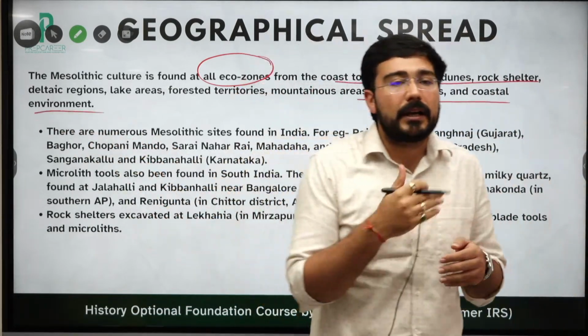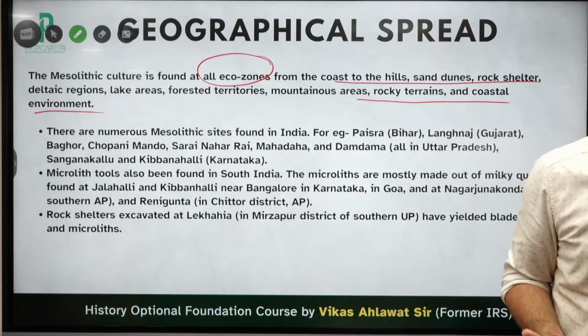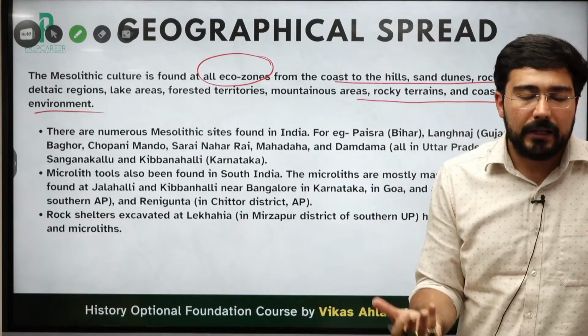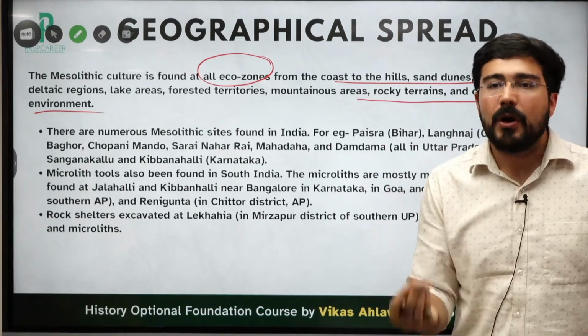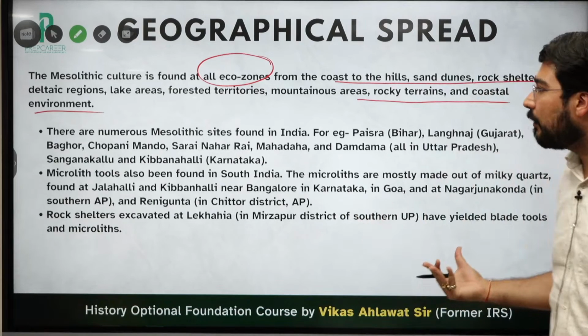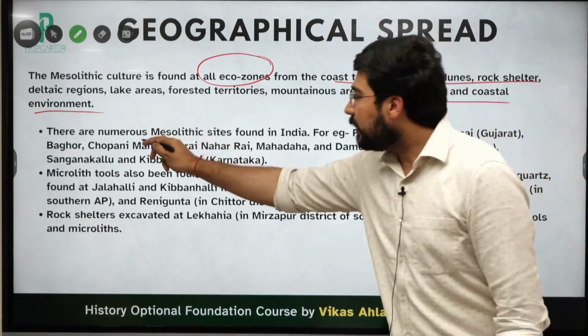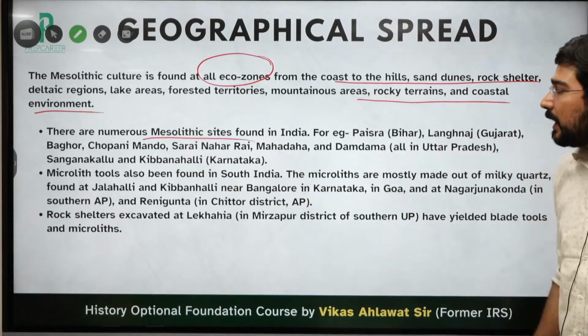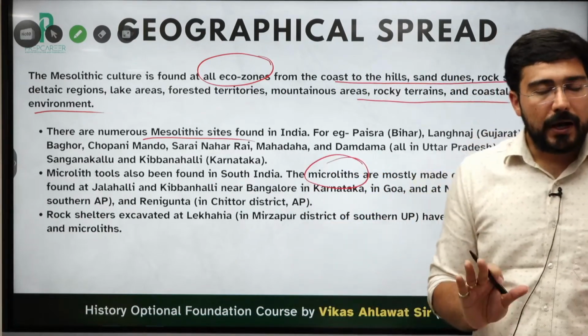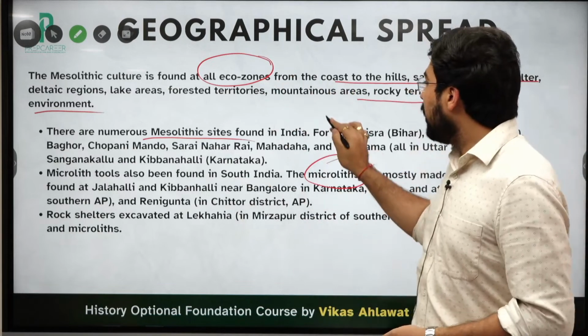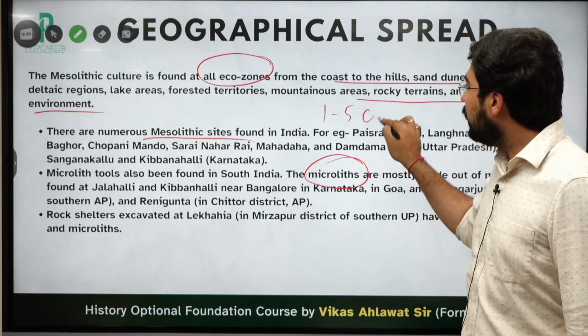It means the settlements were increasing during the Mesolithic period, and the major reason for that was the change of environment because of the beginning of the Holocene era, which was mostly a warmer one. Numerous sites which we have discussed. Okay, then the tools are known as microliths. Microliths are the tools. The standard size is from 1 to 5 centimeters.